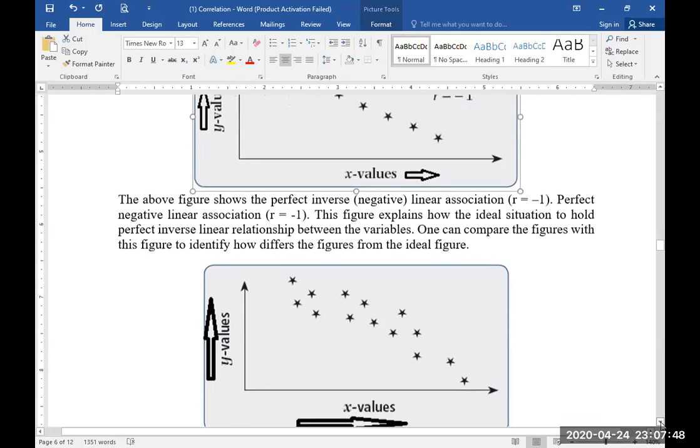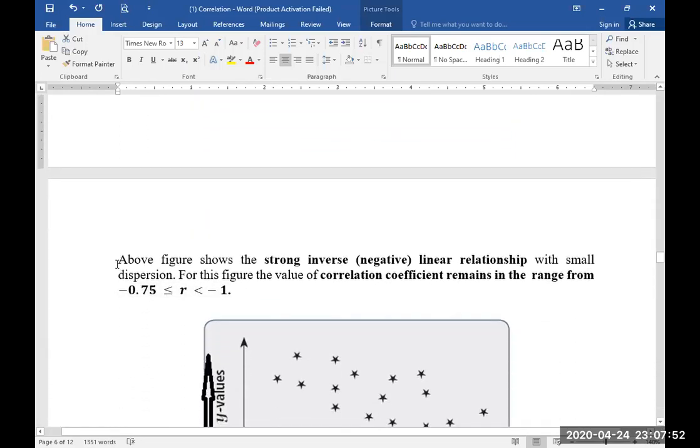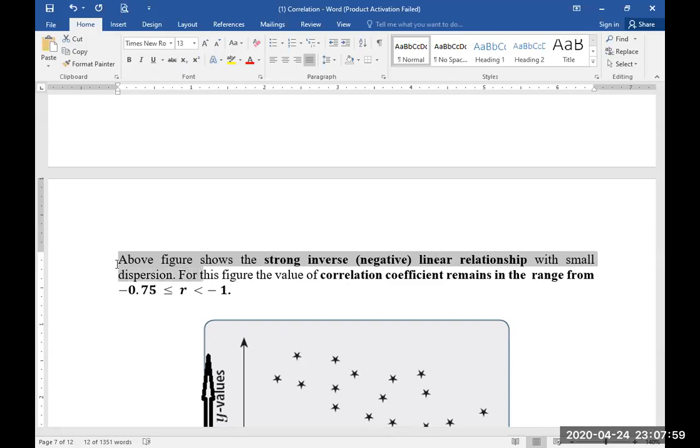For this reason, the above figure shows the strong inverse linear relationship with a small dispersion. For this figure, the value of the correlation coefficient ranges from -0.75 to -1.